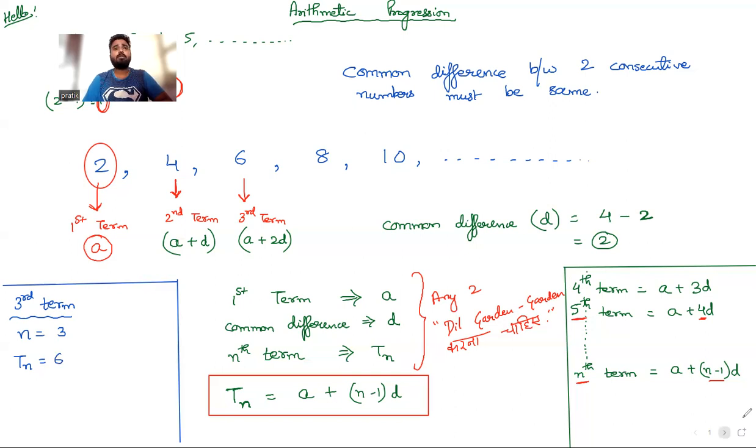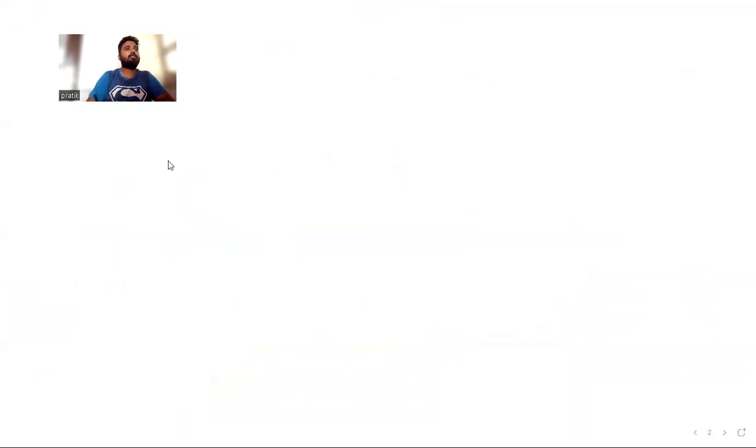So this sum of n terms, let's take that into consideration. You don't need the derivation and such; I'm directly writing S of n terms. N terms means a set of numbers is given, so what does sum mean? Let's take an example: 2, 4, 6.